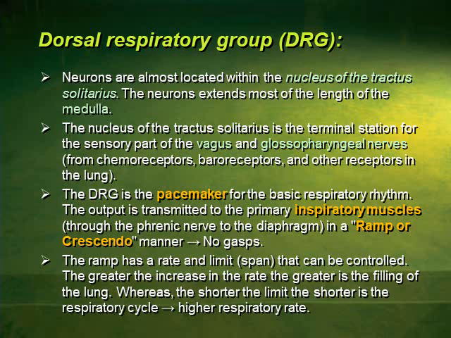In fact, the dorsal respiratory group is the pacemaker for the basic respiratory rhythm. This group of neurons can operate and transmit impulses without needing any impulses from the higher centers such as the cerebral cortex, or from lower centers, that is to say impulses from the spinal cord through the vagus or the glossopharyngeal.